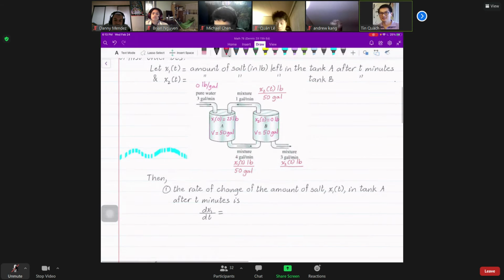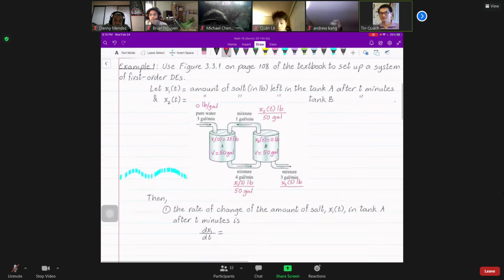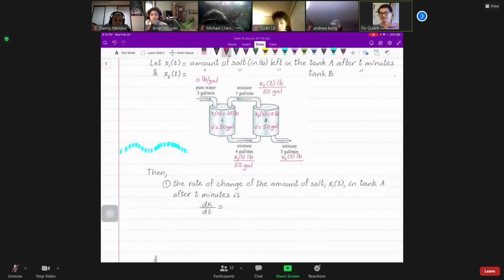No, this is about time t. So just understand that to find the concentration of salt in tank B at time t, we take the amount of salt at that time divided by the volume at that time. So at that time, tank B has x sub 2 of t pounds, and the volume at that time t is 50 gallons. Okay.